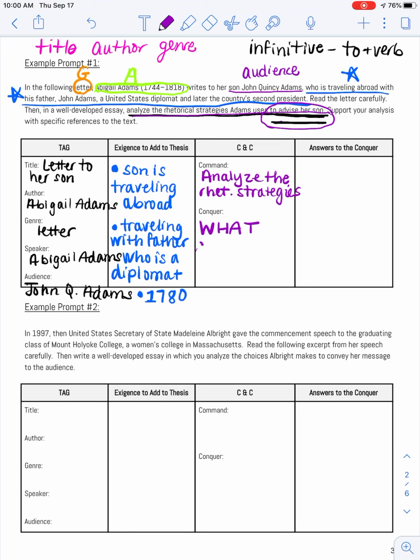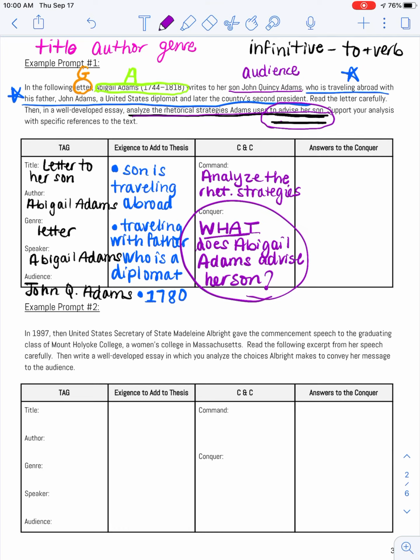What does Abigail Adams advise her son? Right? It makes sense. If I need to see the advice she uses to advise her son, then I better be able to tell my audience what the advice is that she gives to her son.